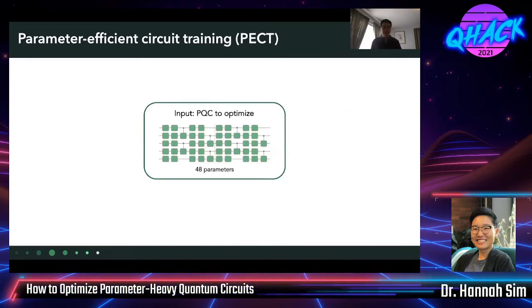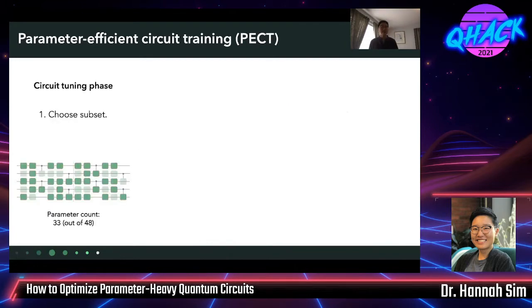And so in PECT, the input of the algorithm is the PQC that you want to optimize. And this would ideally be a heavily parameterized redundant circuit. But for this small example, we suppose that we have 48 parameters. And so in the first phase of PECT, which I call the circuit tuning phase, you choose a parameter subset, which can be done randomly from your circuit structure.